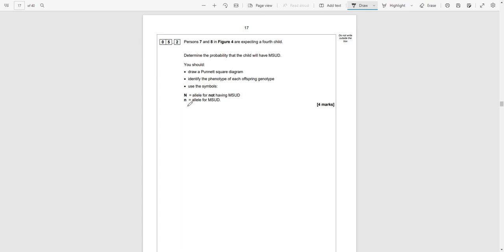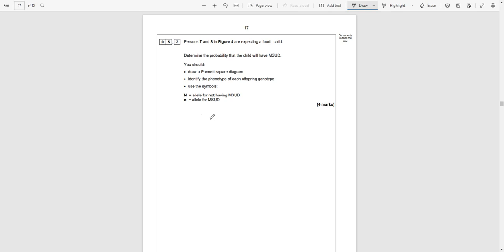The small n is the allele that actually codes for MSUD, and that tells me that that is recessive because it's represented by a little letter. In other words, we need two of those to be present in the child for the child to have MSUD.